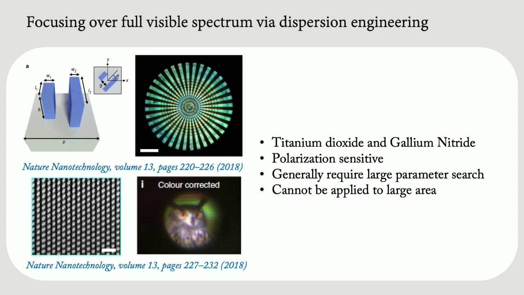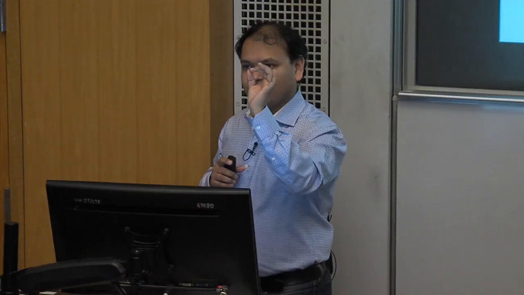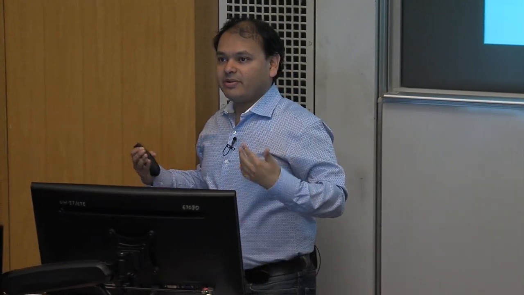The second thing is, it showed that it cannot be applied to large area. You can make only maybe a 30 micron meta lens, 30 micron diameter, so it's extremely small, where you basically correct for colors, you correct all the scatterers, but it cannot be applied to a larger area. Now, larger area is important.